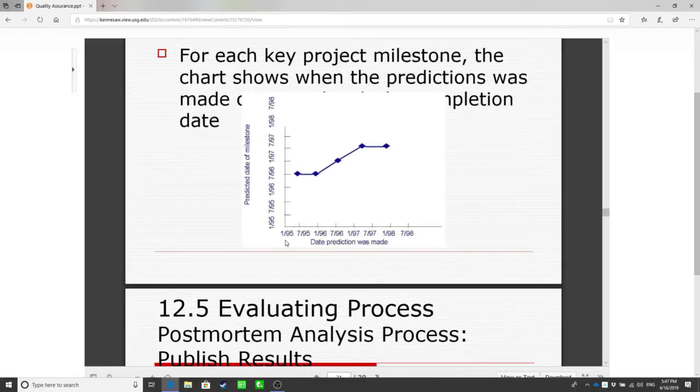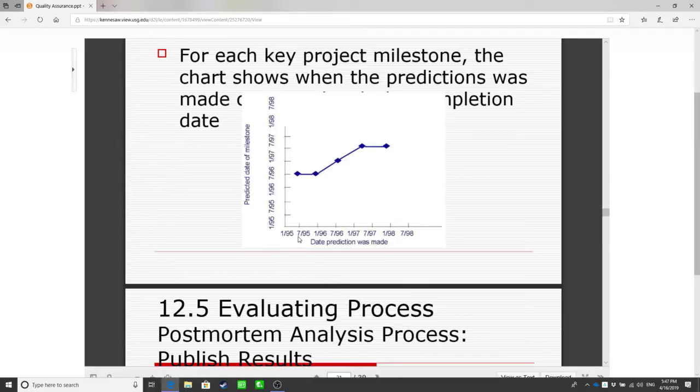For example, this 1/95, I mean it's an old picture, okay? 7/95 means July of 1995. So it's an old picture, but it's a useful chart. Here it's 7/96, July 96. So on this point, the x-axis is 7/95, the y-axis is 7/96.